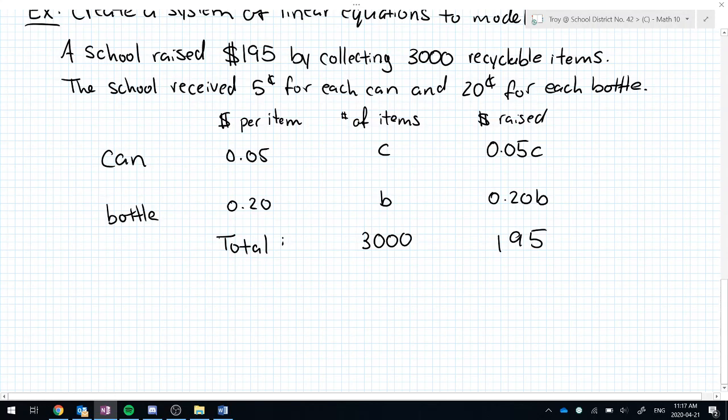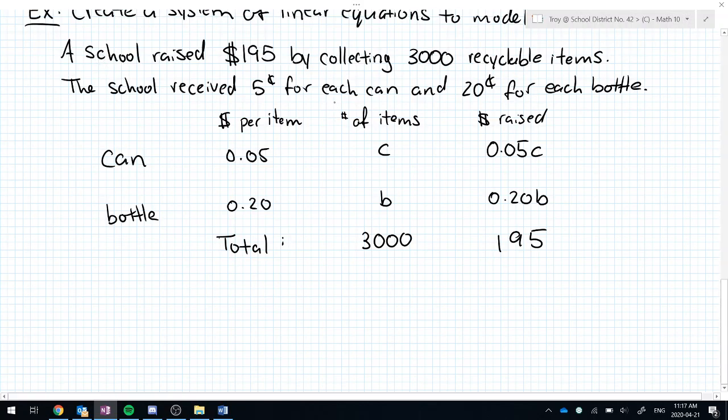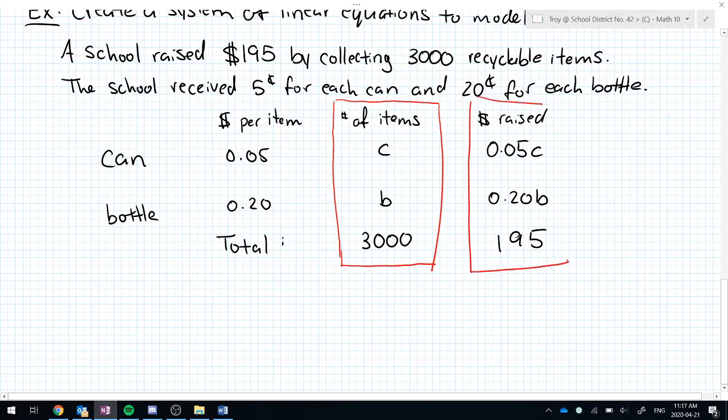And what we have here essentially are the two equations that make up our system. Here we're saying that whatever went into those 3,000 items has to be made up solely of cans or bottles.